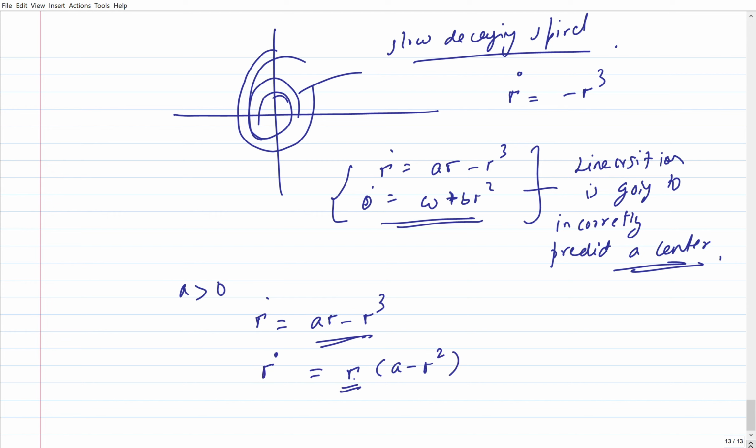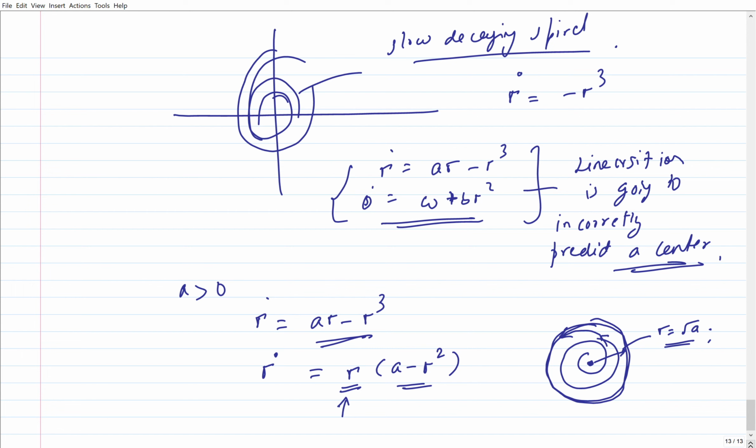So I still have a fixed point at r equals 0, but now that fixed point has become unstable. And so that's going to spiral outwards, and I have a limit cycle which is formed at r equals square root of a.